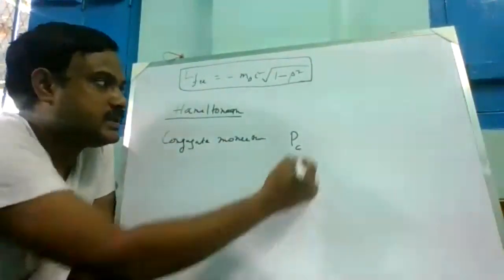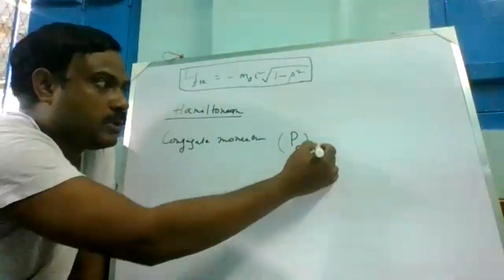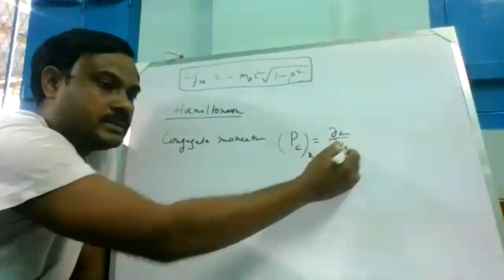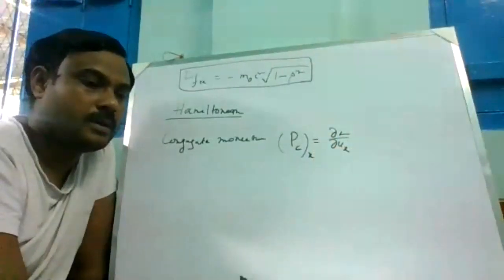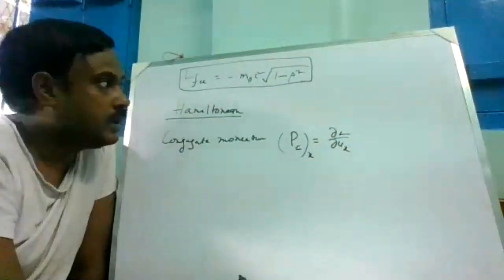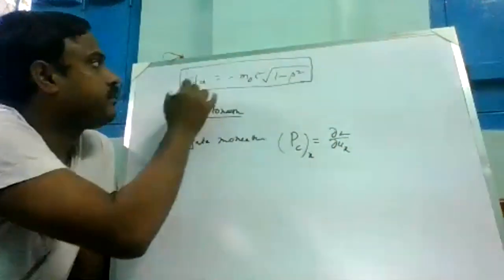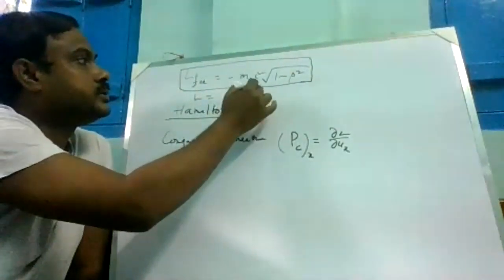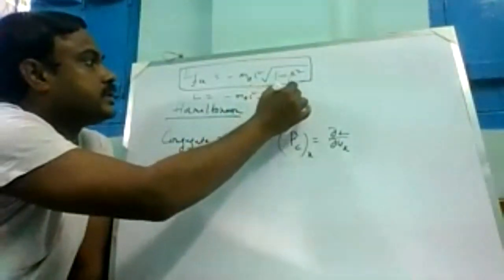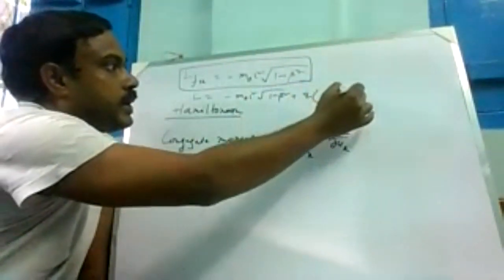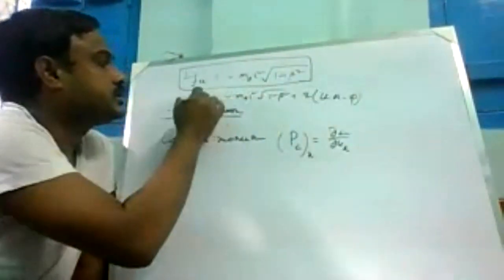Say I am taking the x component. For this, Pc_x will be ∂L/∂u_x, right? Now from the form of L equals minus m0 c square root of (1 − β²) plus u·A minus qφ, this is the form.